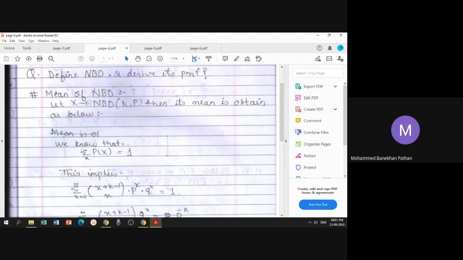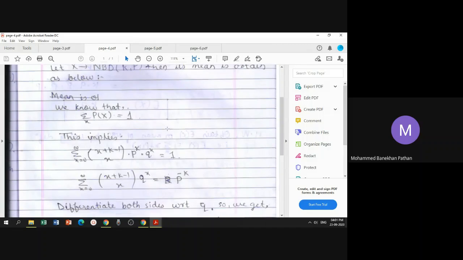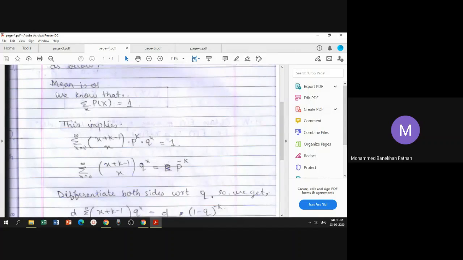X follows NBD, negative binomial distribution, with parameters k comma p. Then its mean is obtained as below. The first step in the derivation is, we know that summation of px equals 1.